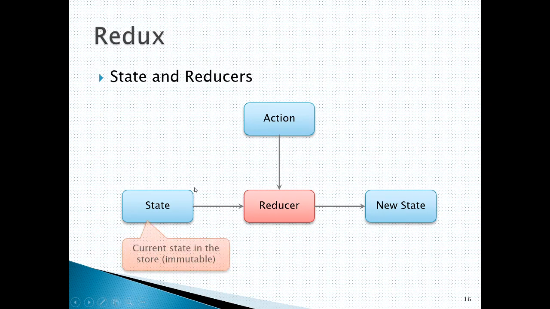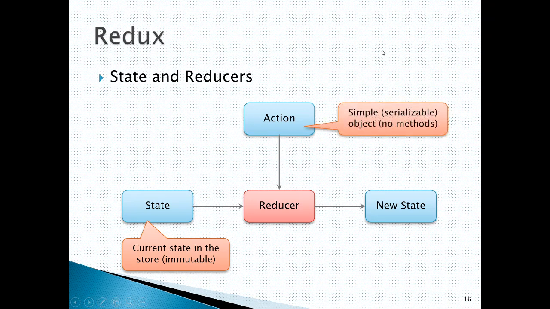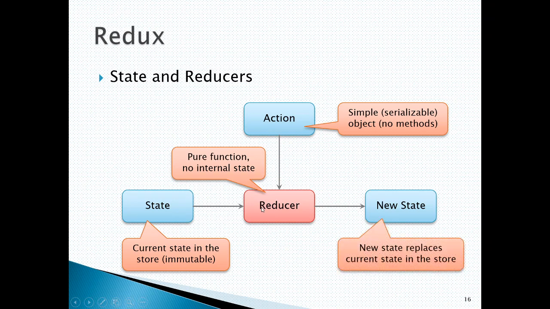The current state is in the store, and an action will be applied to it. An action is a simple serializable object, no methods. And a reducer is a pure function, with no internal state. The reducer will be applied, and the new state will replace the current state in the store. So actually the new state will be our current state.